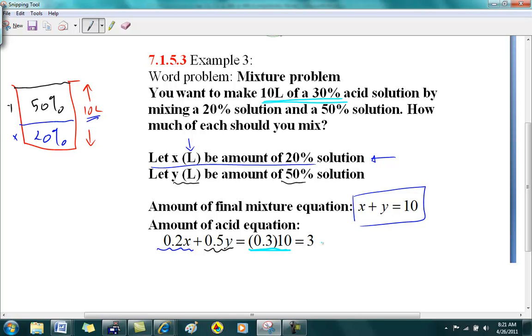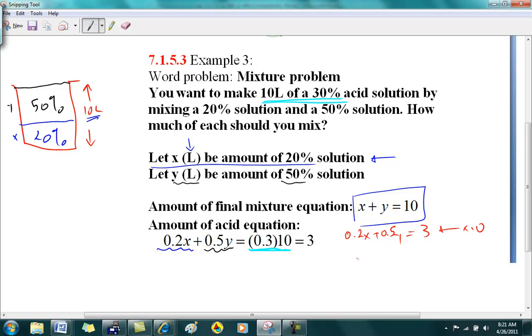So you've got two equations here now, okay? And the equations are x plus y equals 10, and then you got this funky fractional one. But that's okay. We can do numbers. That's 3. What I would like to do is I would like to times this by 10, okay?